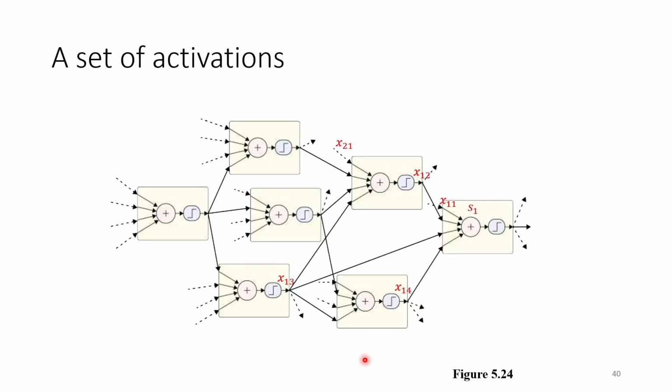For example, from the figure given in our textbook, suppose this is S1. How do we generate S1? It is x11, x12, x13, x14 times the weights W11, W12, W13, and W14, and it becomes S1.